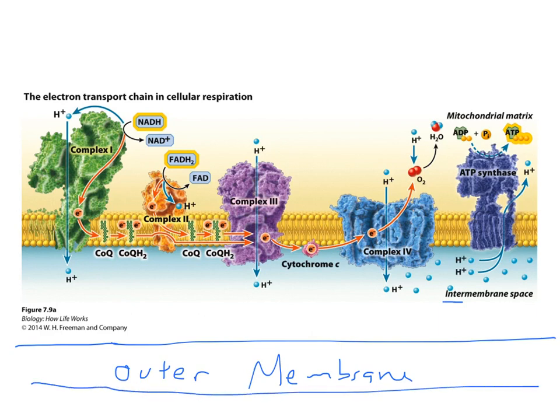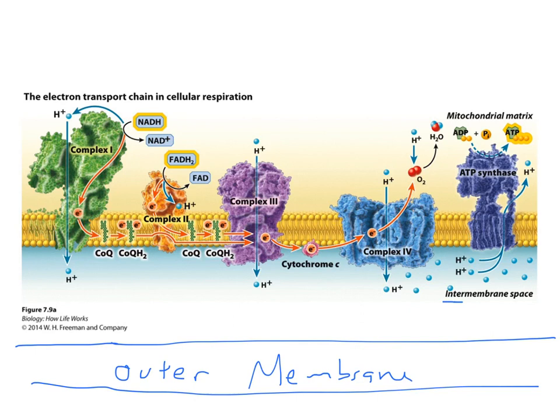So how does the electron transport chain work? NADH is my donor. It's going to donate electrons to complex 1. NADH is oxidized to NAD+ because it's given up those electrons. Complex 1 is now reduced.